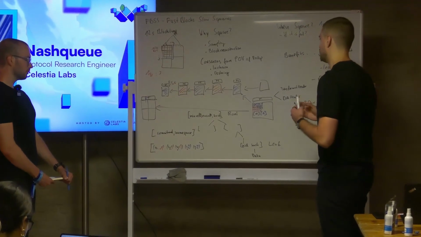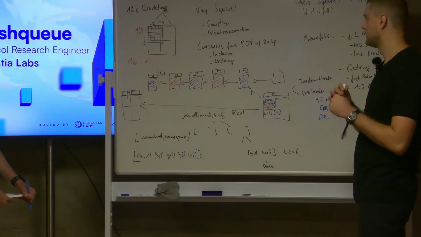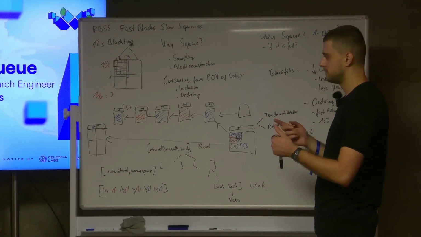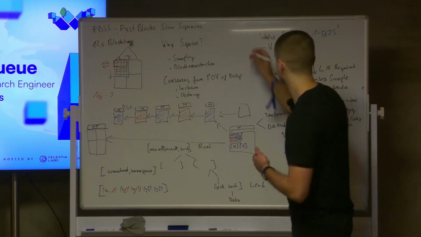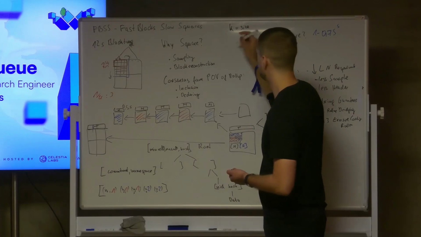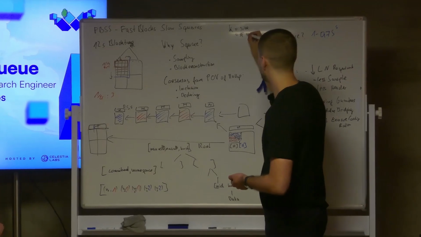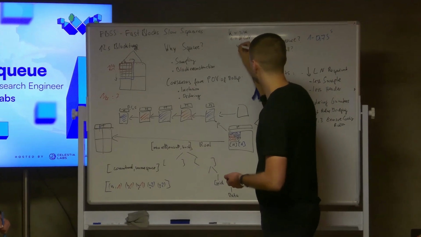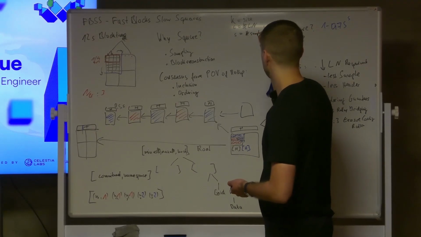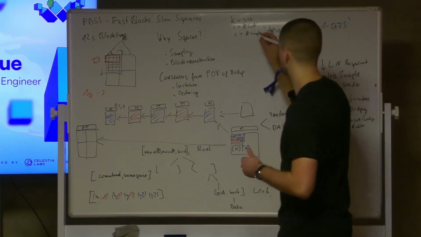And that square size depends on three factors. There's a size, which we most likely call, at least in the fraud-proof paper, K. Then you have the number of light nodes, which is C, and the number of samples, which is S, that each light node is sampling.